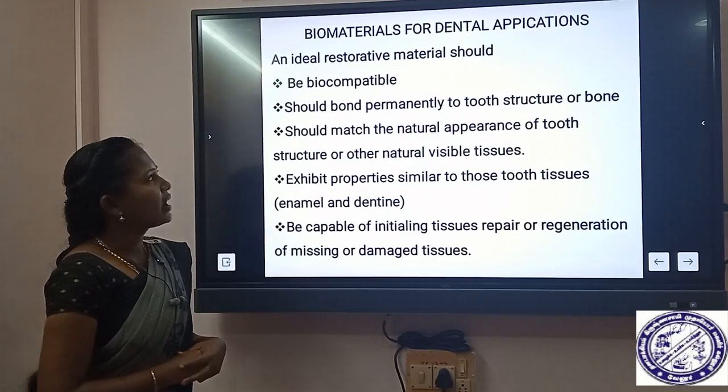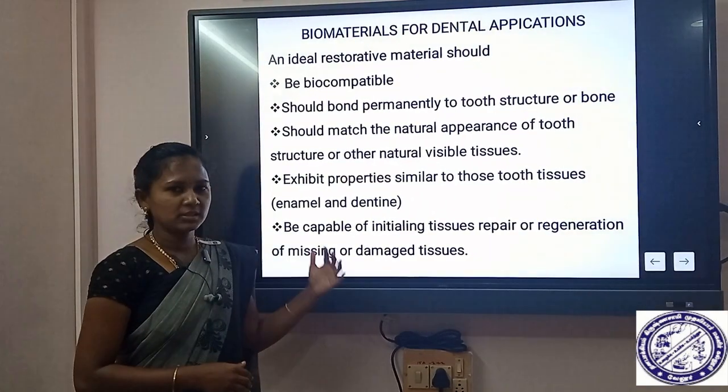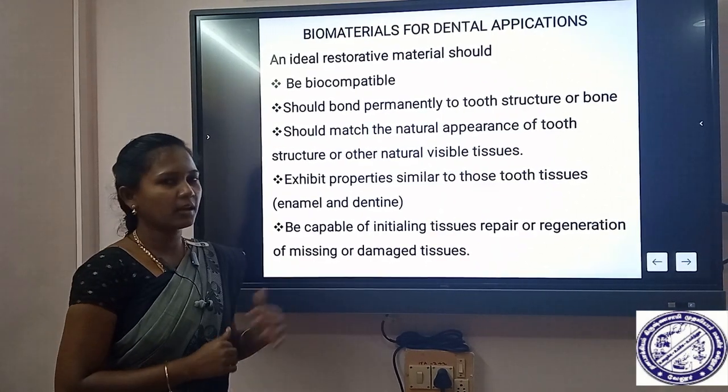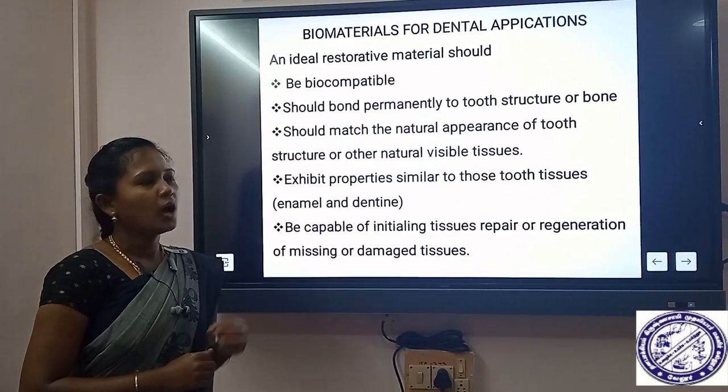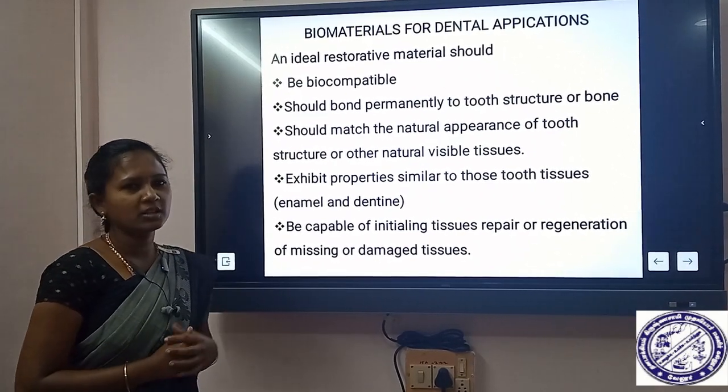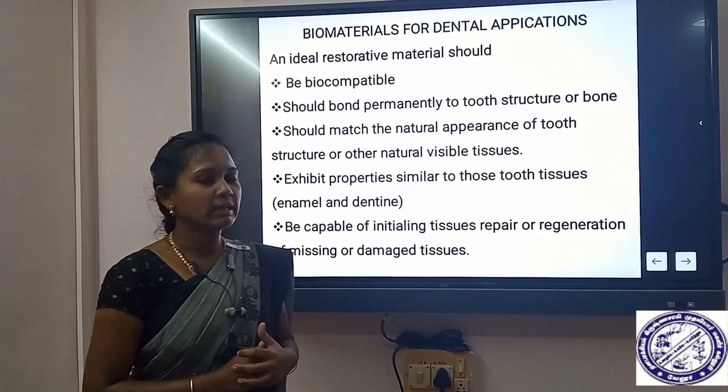Now, biomaterials for dental applications. This is a major application of biomaterials, used in dental applications like root canal, root capping, etc. Why are biomaterials used in dental implants?